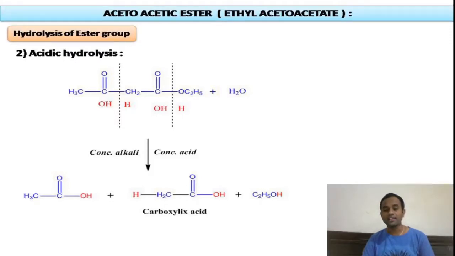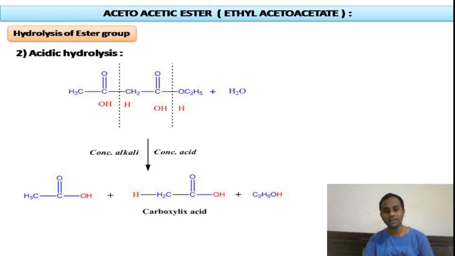And how to write the products in this reaction? Very simple. You see, we have to break the two bonds, that is the ester bond as well as the keto bond, right? And OH group should be attached to the carbonyl carbons. Hydrogen is attached to the other side, right?